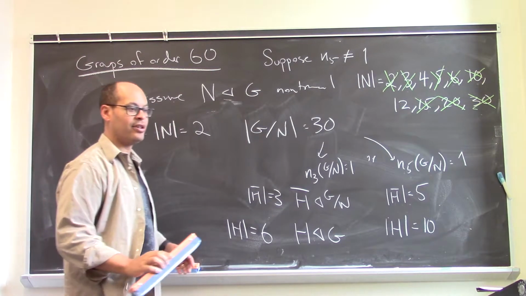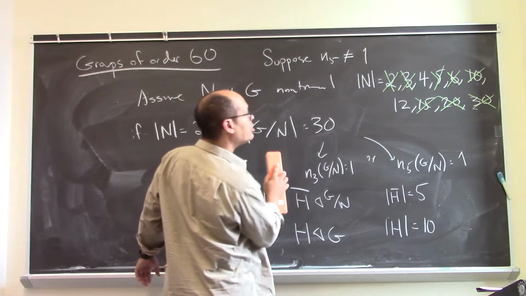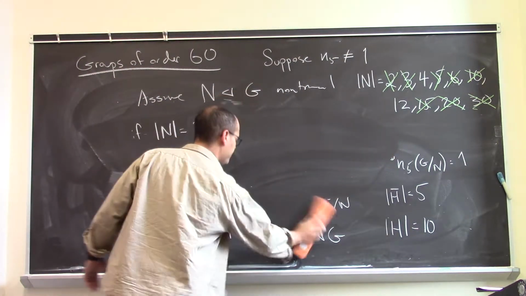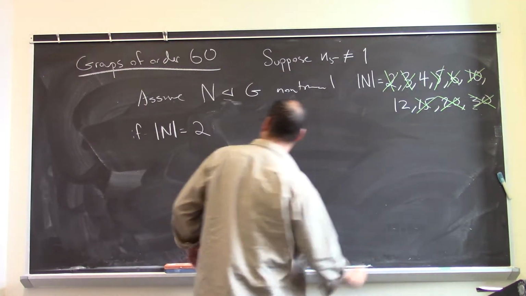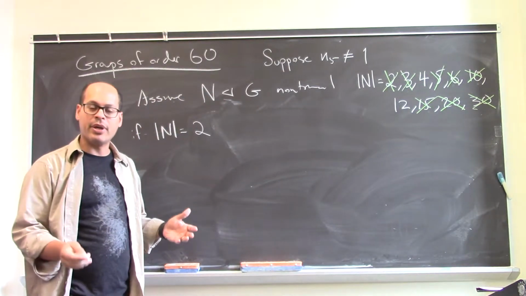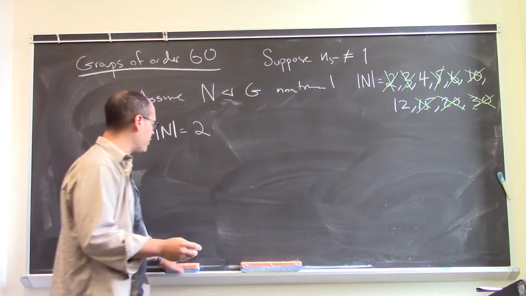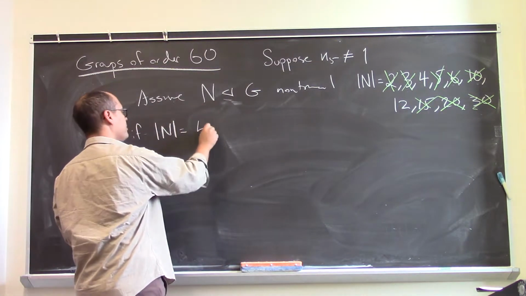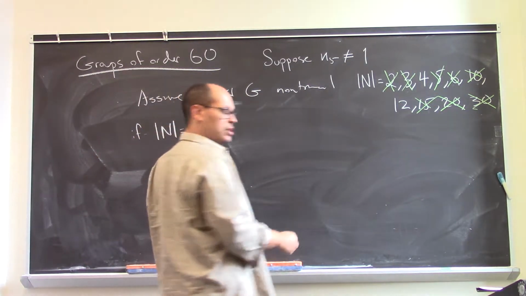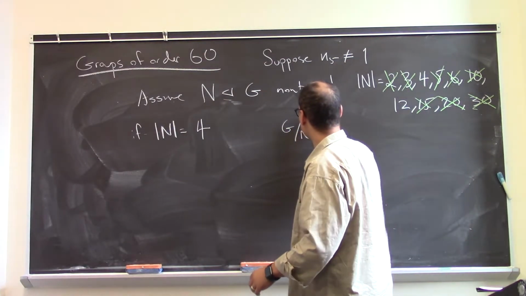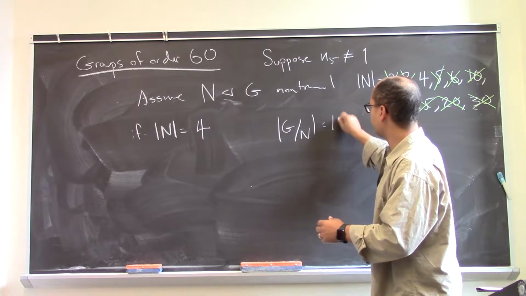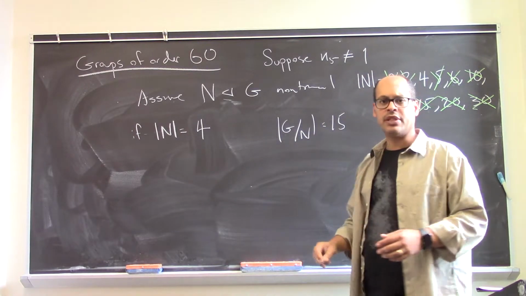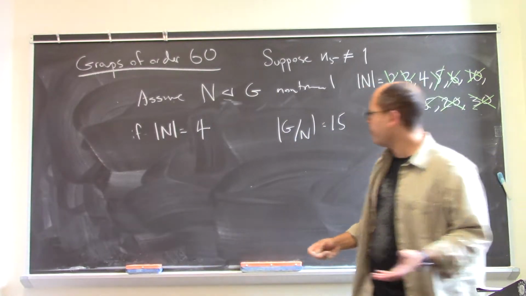That's 2. Just 2 more numbers to go. Let me do 4. So now suppose that we have a normal subgroup of order 4. Again, I'm going to consider G mod n. The order of G mod n is 15. A group of order 15 has a normal Sylow subgroup of order 5.